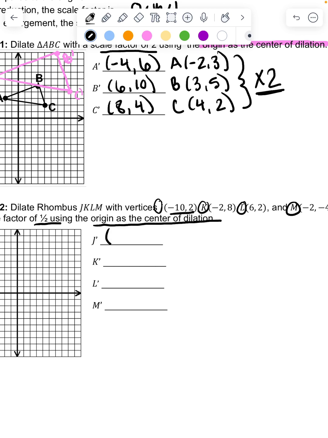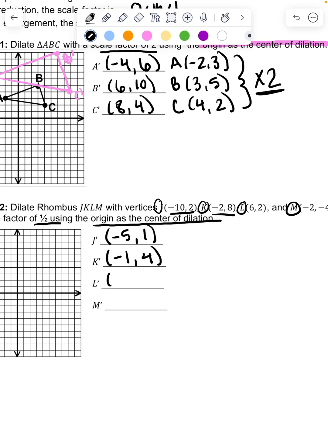So if we divide both of those numbers by 2, we get -5, 1. We're going to do the same thing with K prime. So -2, 8 is the point we're starting with. -2 divided by 2 is -1. And 8 divided by 2 is 4. Okay, I'm sure you're getting the pattern at this point.